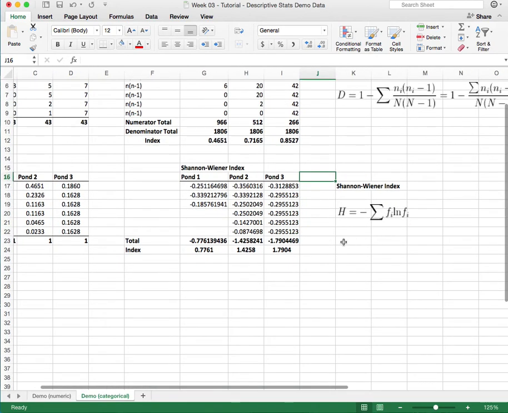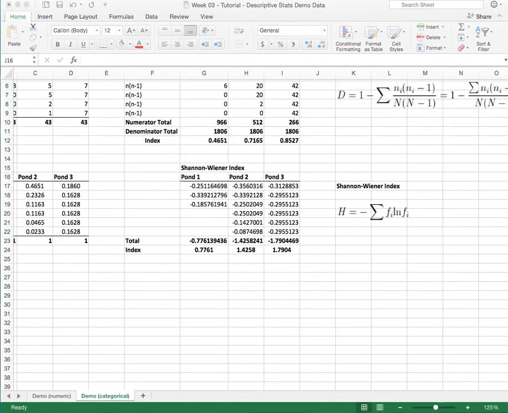Now, if we look at the Shannon-Wiener index and what that is telling us, it's telling us something similar, but a little bit different. So the Shannon-Wiener index is looking at how difficult it is to know what species you're going to get if you drew one out at random.